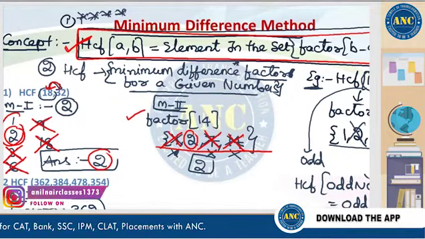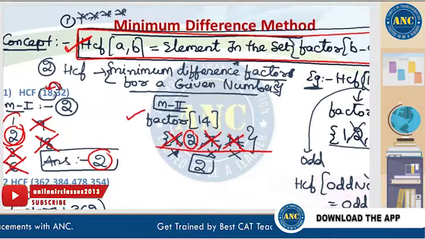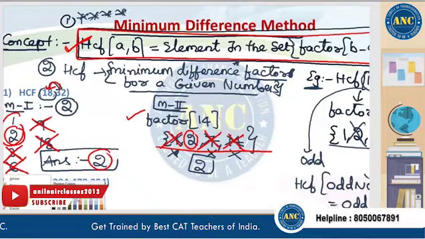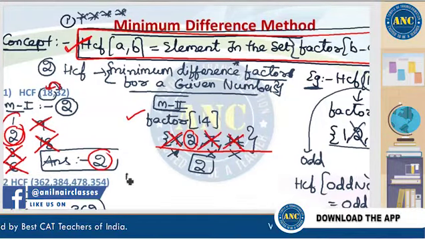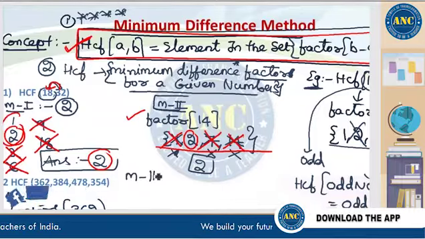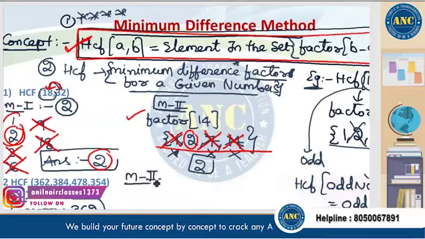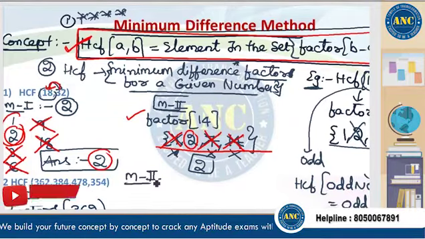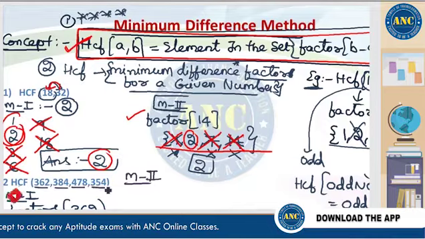Now see here. We will use the minimum difference method. The minimum difference method will be the best method to solve a few problems, like the second one: 362, 384, 478, 354.